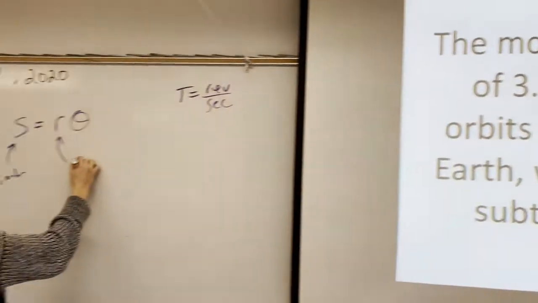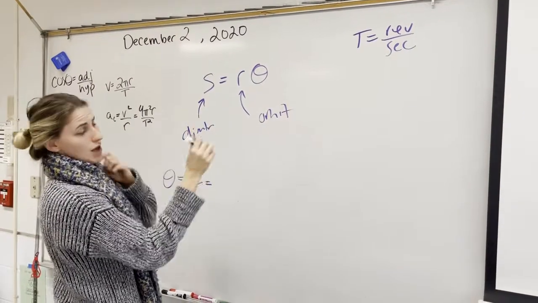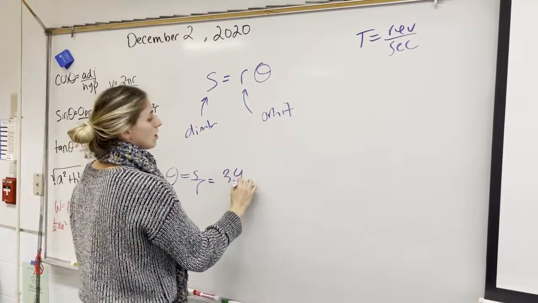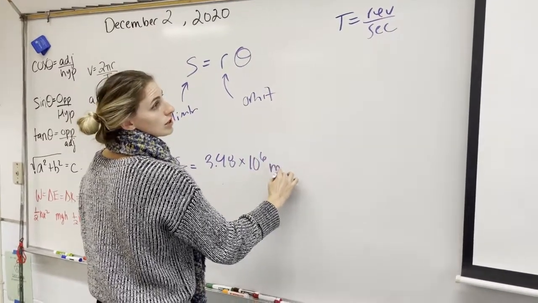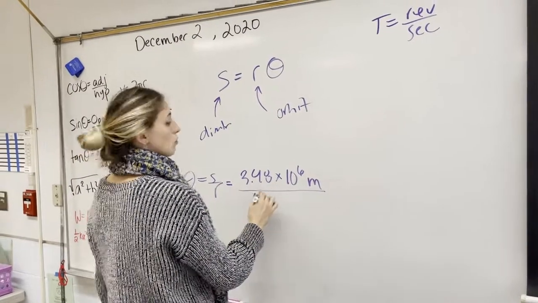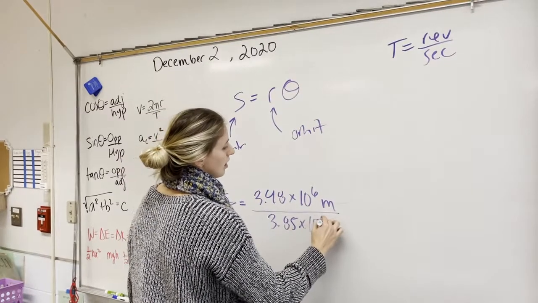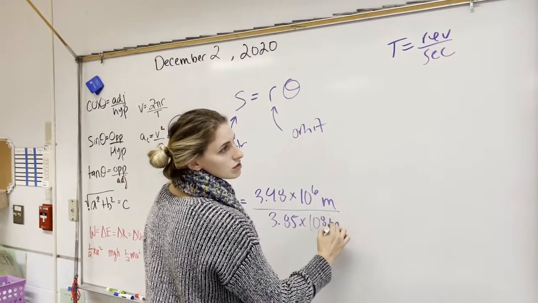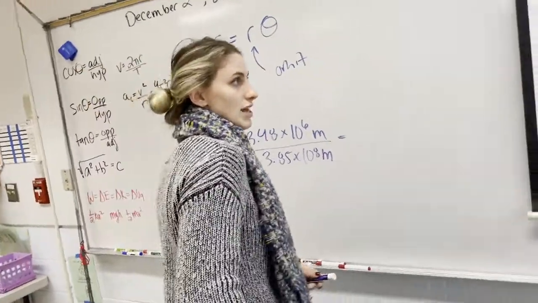My S is going to be 3.48 times 10 to the 6th meters, and it orbits 3.85 times 10 to the 8th meters away from Earth. This will get us the angle it subtends in the sky.